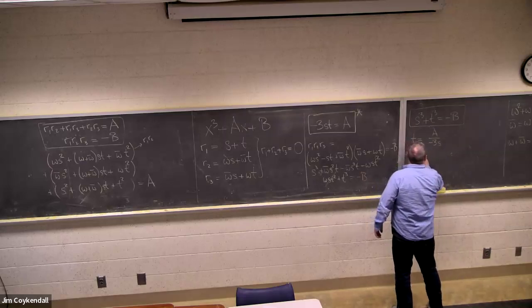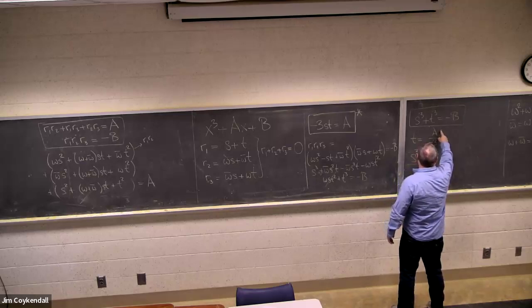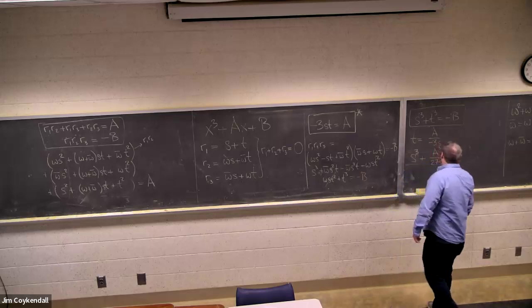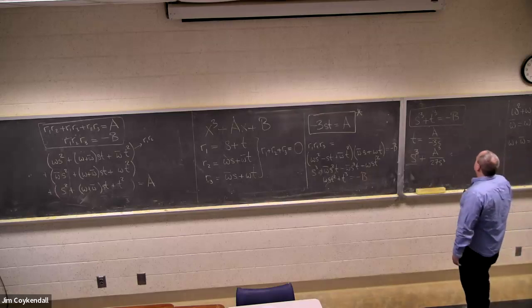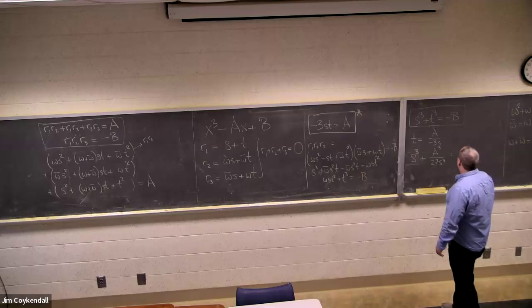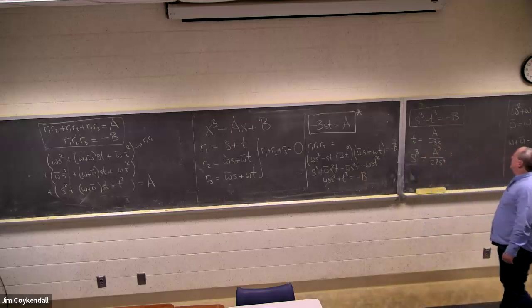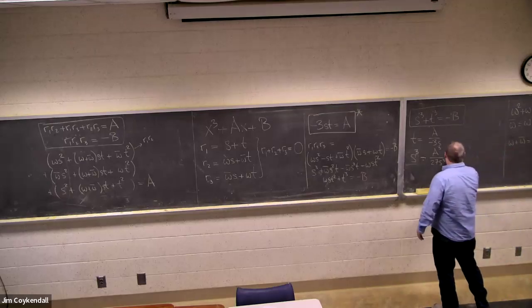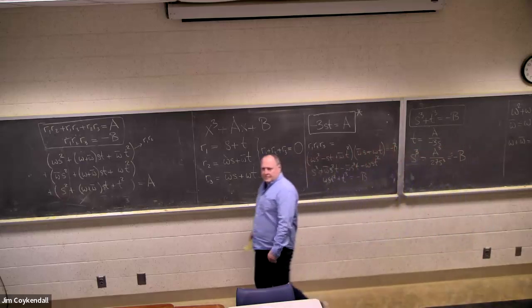It's S cubed minus, well, that's going to be a minus minus, so it's going to be plus A cubed over 27 S cubed. Minus, yeah, I was freaking out there. There we go. S cubed minus A cubed over 27 S cubed, that's good, is equal to negative B. Okay.